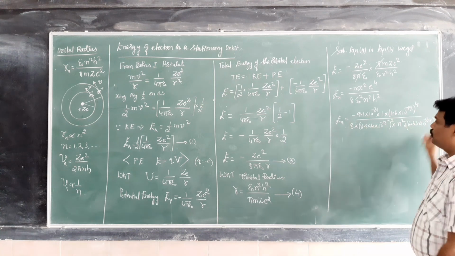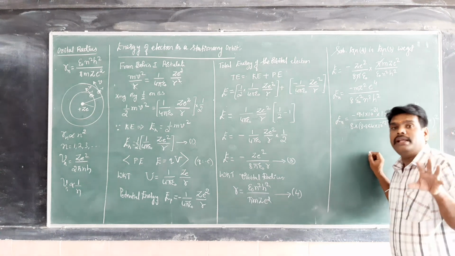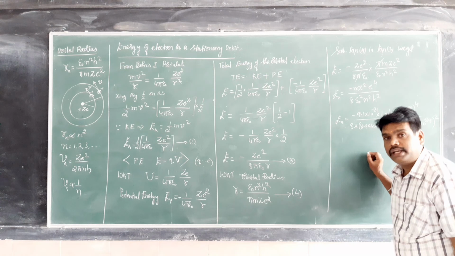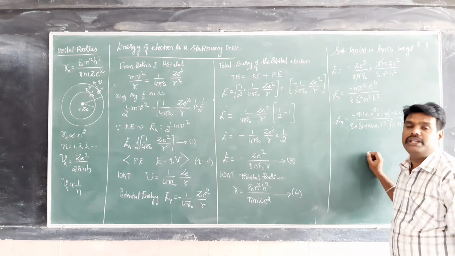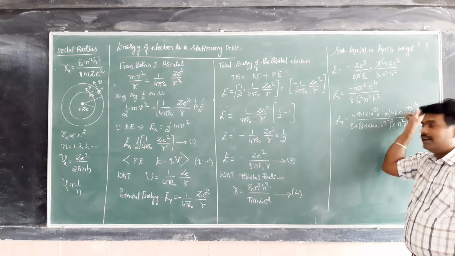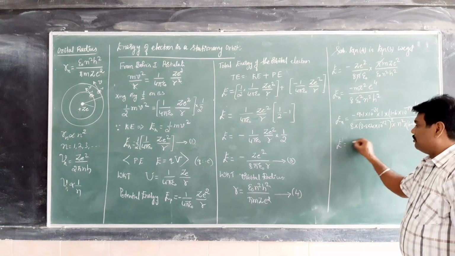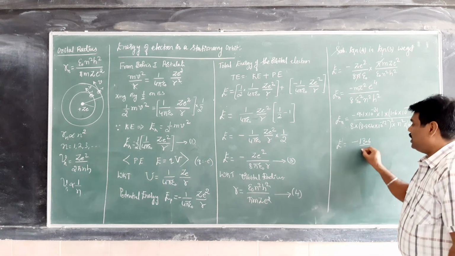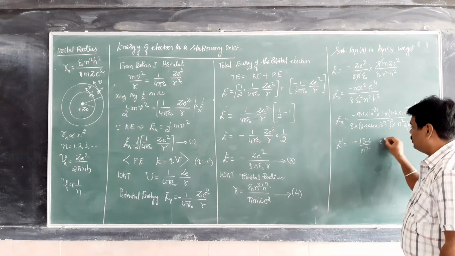So by substituting all the values, we will get the answer in joules. While converting from joules to electron volts, you have to divide it by 1.6 into 10 to the power of minus 19. So the final answer is minus 13.6 electron volts divided by n square. This value is in electron volts.